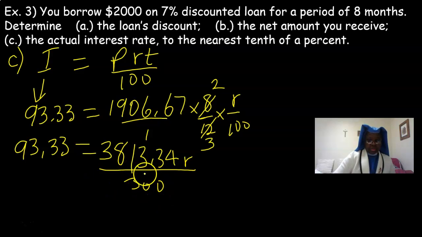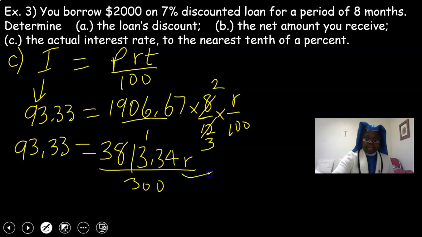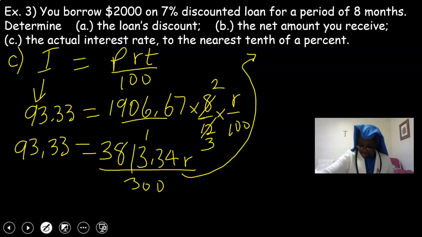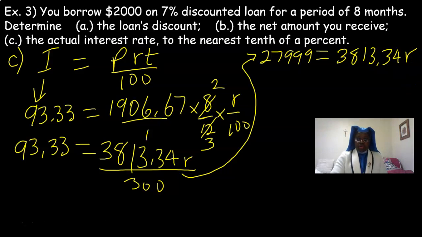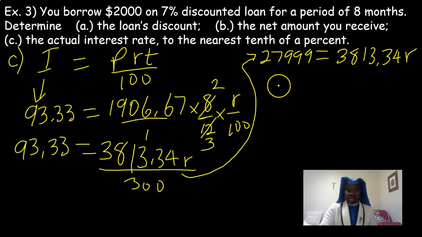Okay, if you divide this, you may get a decimal that does not terminate. So I would multiply both sides by 300, and that would give us 27999 equals 3813.34 R. Now we can divide both sides by that, and it would be okay if we get a decimal now.